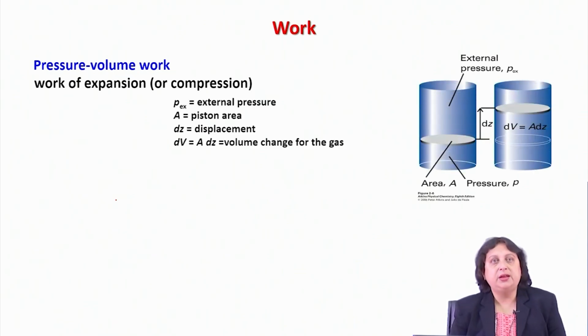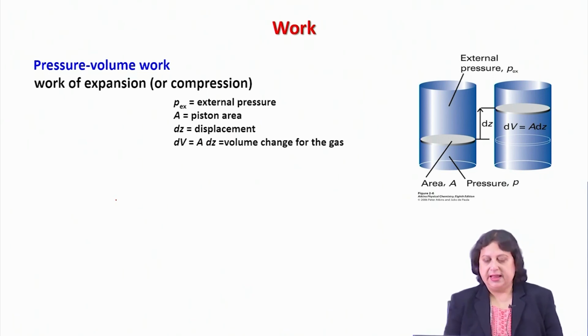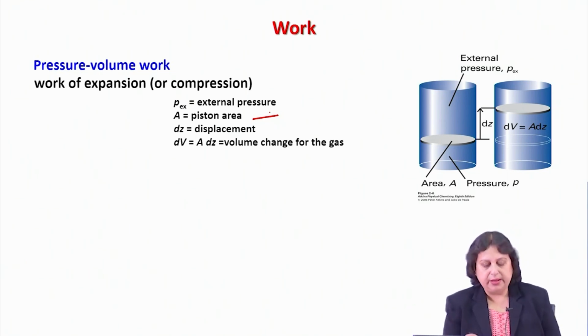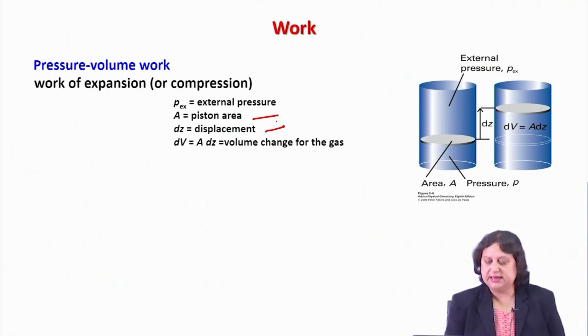The typical way to estimate how much work is done during a change in state is shown in this figure. So what you have here is an external pressure P external holding this piston of area A, and by applying this pressure, I am allowing a displacement dz as shown in this picture.